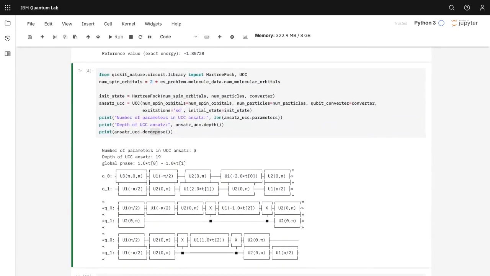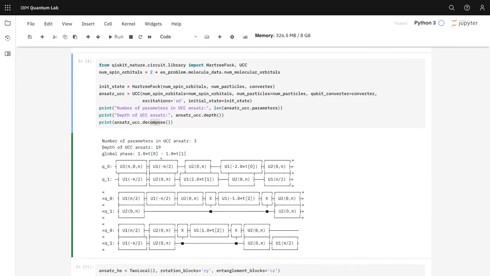So we have 3 parameters, so we have 3 excitations, and the depth of the circuit is 19, where depth is defined not as the number of gates, but the number of layers, because some gates can be executed in parallel if they're acting on different qubits, and they count it as 1. So this particular ansatz has a depth of 19.